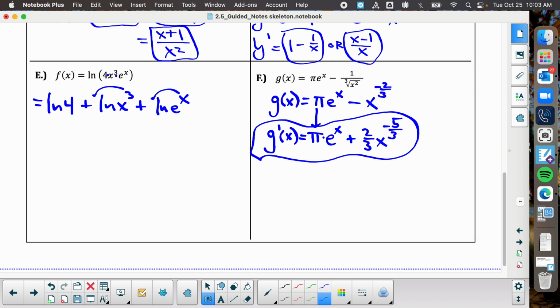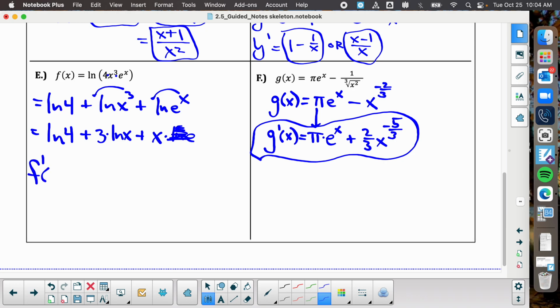Once you get good at it, you can do all of this in one step if you want. ln of e is just 1, so because it's times 1, it won't affect anything. I think you were asking mainly about the 4 though, right?